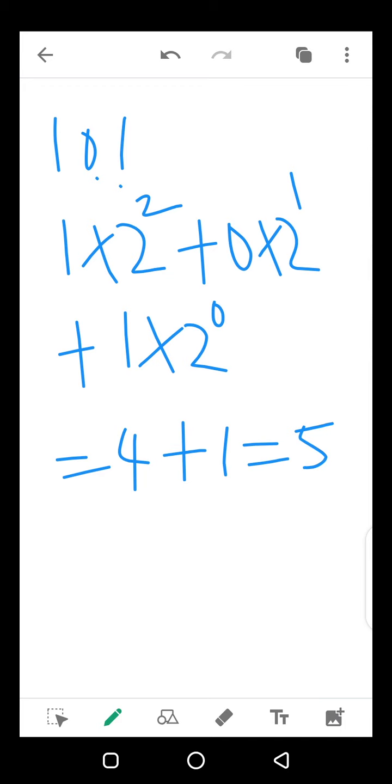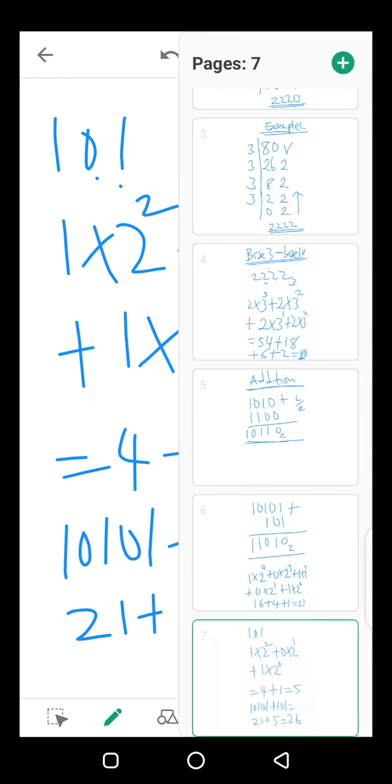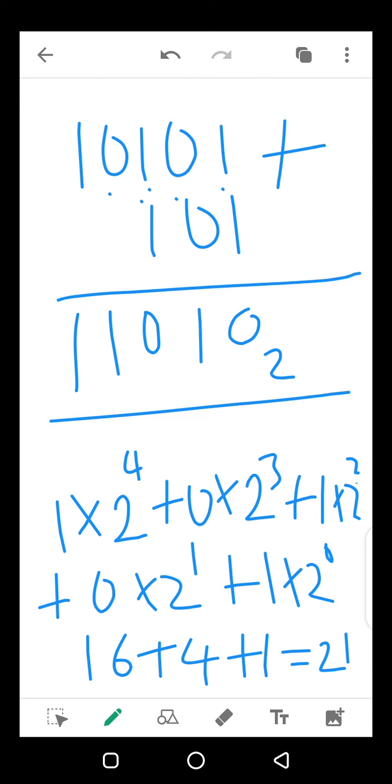So the total numbers 10101 plus 101 is equal to 21 plus 5, which is equal to 26. So we now convert 26 back to base 2 to see if it will give us this answer we got after addition. We check whether it will give us this.